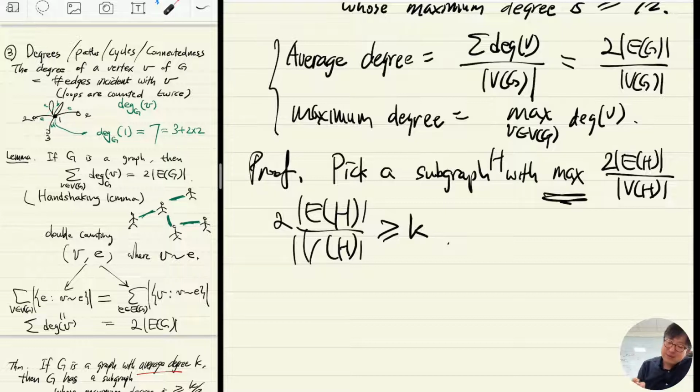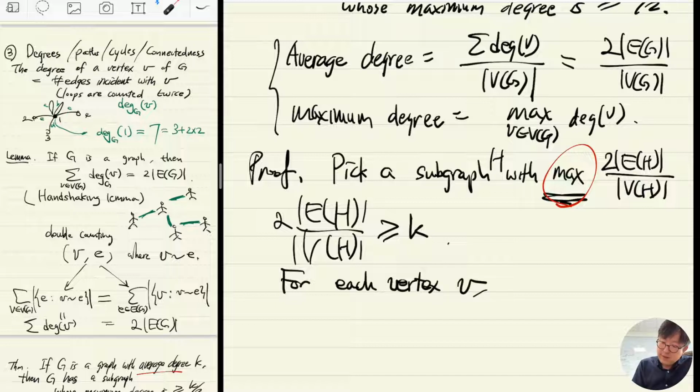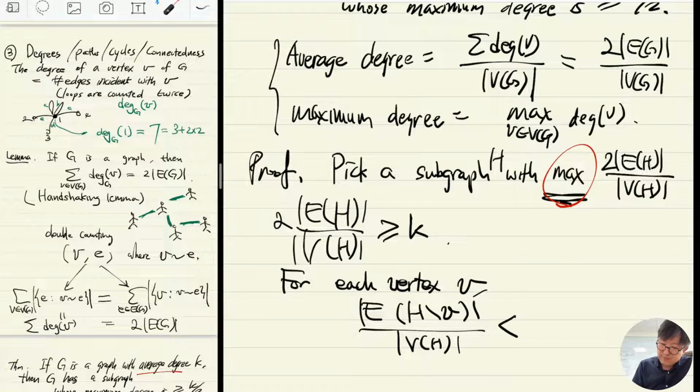Now, because of these assumptions, for every vertex v, when you delete v, the average degree should not increase.